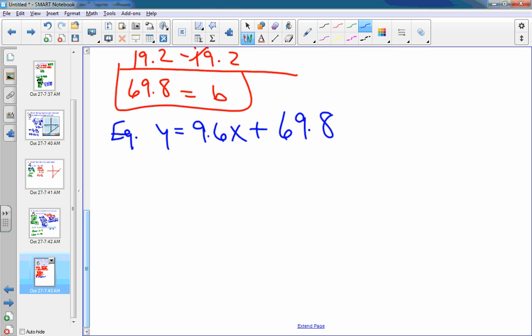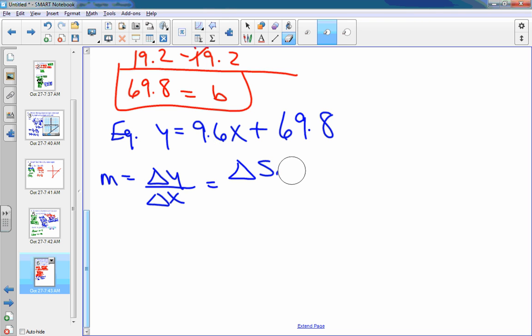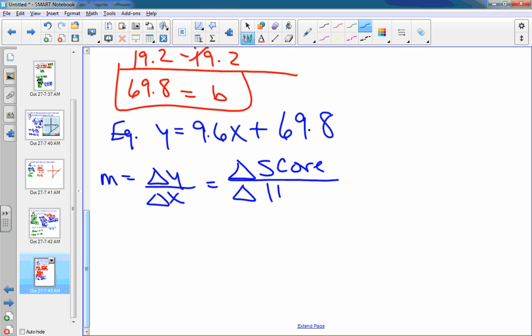Okay, that's the equation. Now that's important information. How do I interpret my slope? We should all be paying attention on this. Remember, slope is the change in the y values over the change in the x. So that's the change in, what's y represent here? The score. And what does x represent? The change in the hours. So that's going to give me 9.6 over 1.